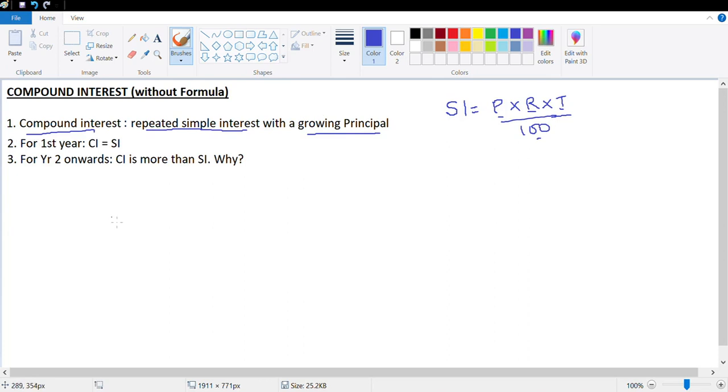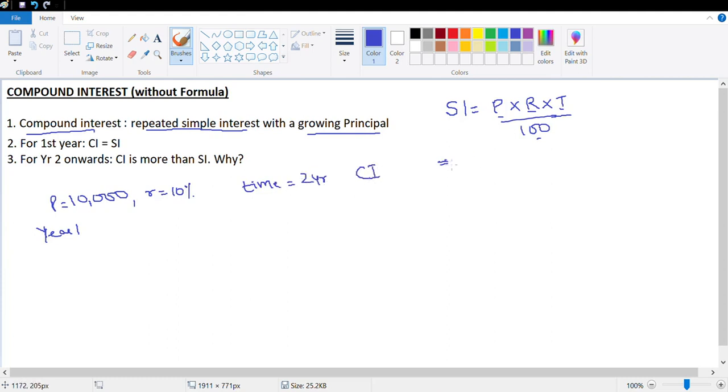So let's look at an example. Let's say your principal is 10,000 and you're talking about year 1. This is your principal, rate is 10%, and we are looking at a total time of 2 years. And this is at compound interest.